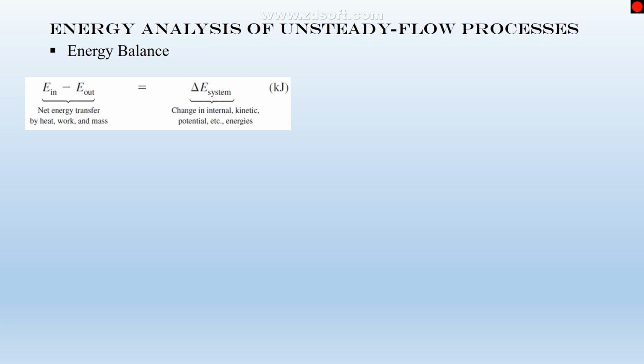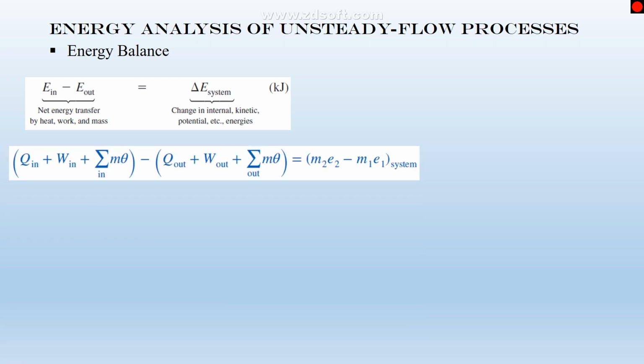So E in is a combination of Q in, W in, and energy of mass in. E out is a combination of Q out, work out, and flow work out. And then the delta E for the system equals M2 times E2 minus M1 E1. If you add all these items to this equation, you will reach this general equation.